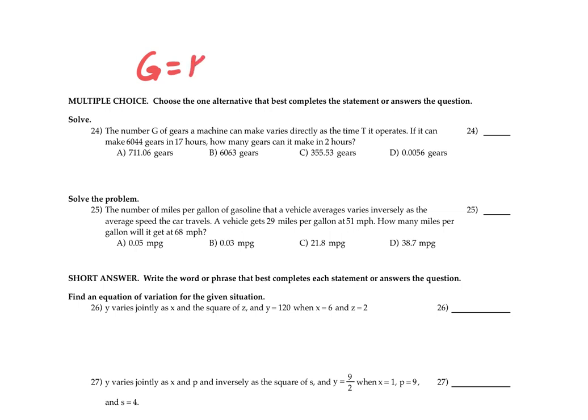G equals K times T. The number of gears, G, varies directly as the time that it operates.